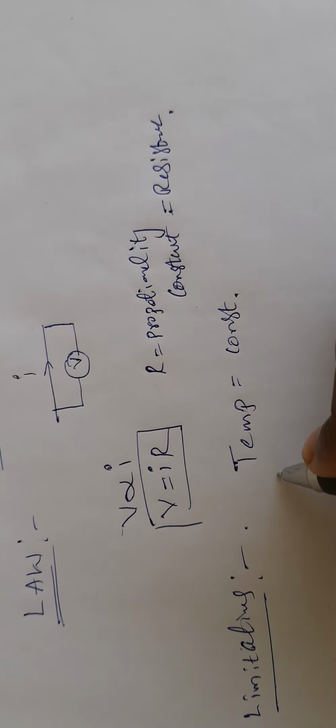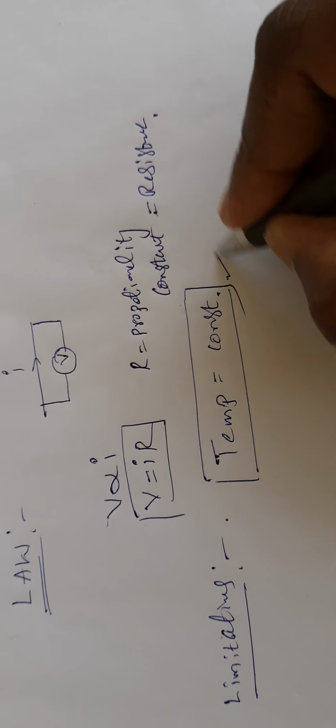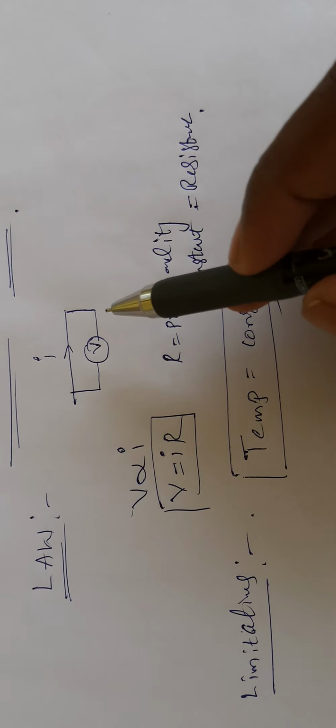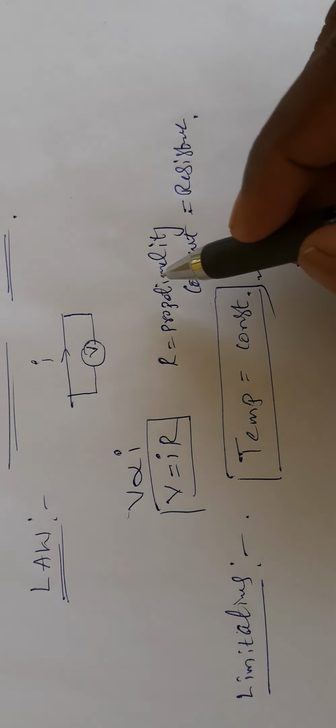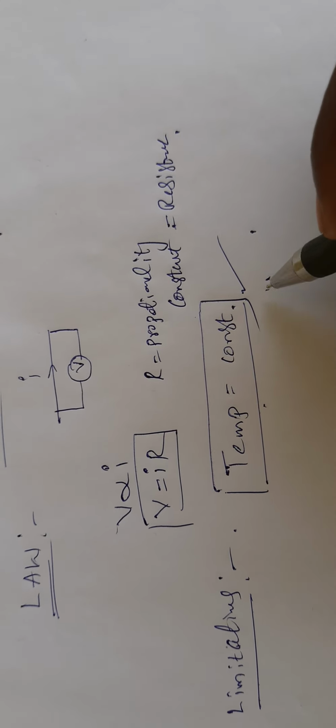Which temperature? Room temperature. While you are verifying Ohm's law, it should be constant. If temperature is not constant, a change in the verification of Ohm's law can take place. At different temperatures, we may obtain different results.